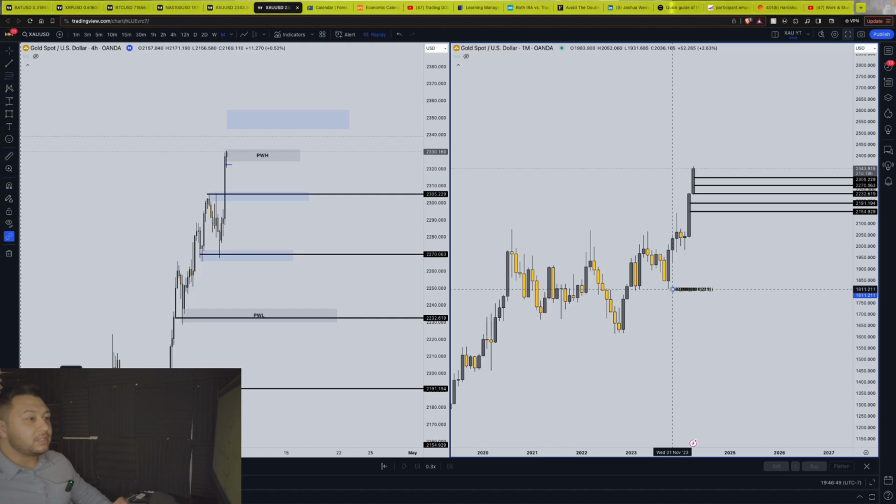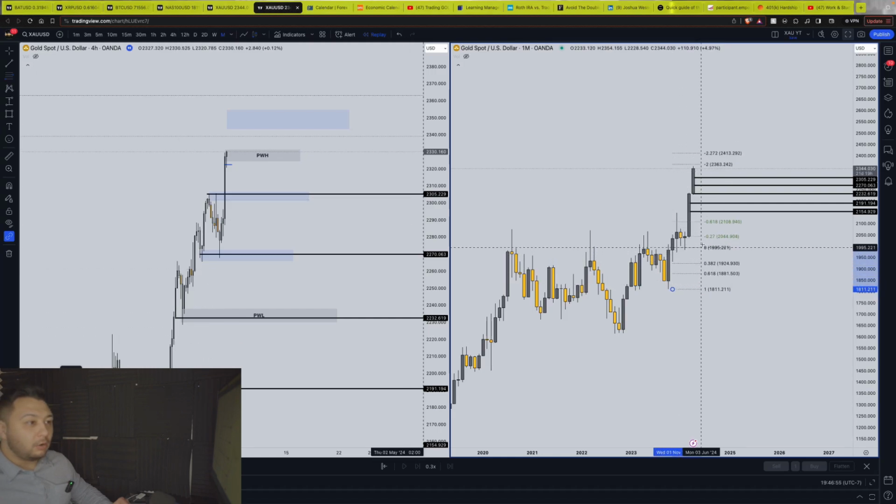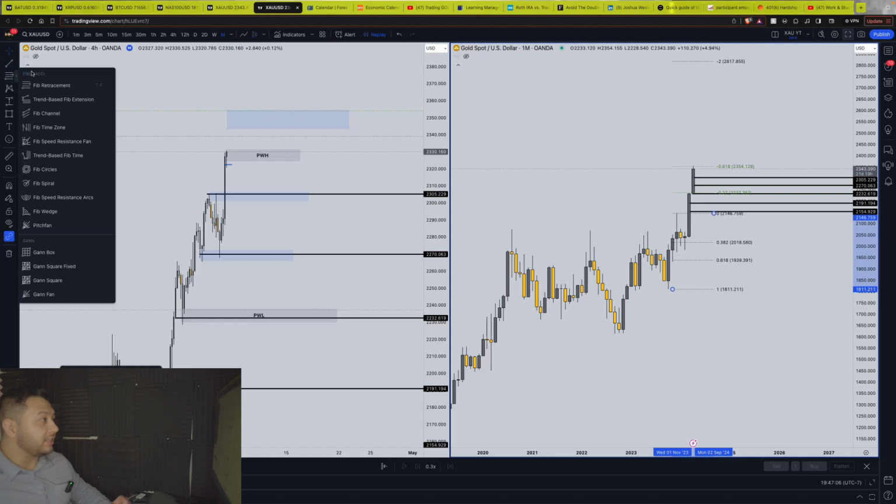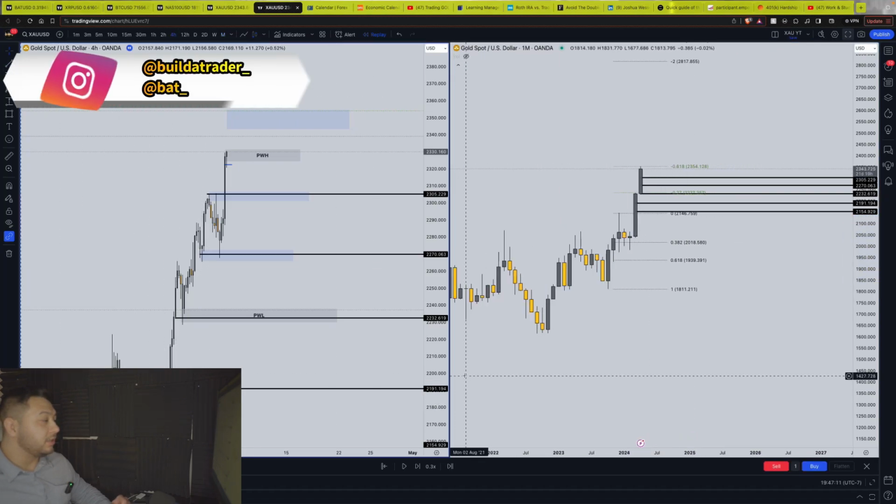Okay. So as you can see on the right hand side, we're on the monthly time frame. Each one of these candles is one whole month of data. To properly utilize a Fibonacci retracement tool, first you're going to go to it on the left hand side here. It's the third one down under Fibonacci, first one Fibonacci retracement.